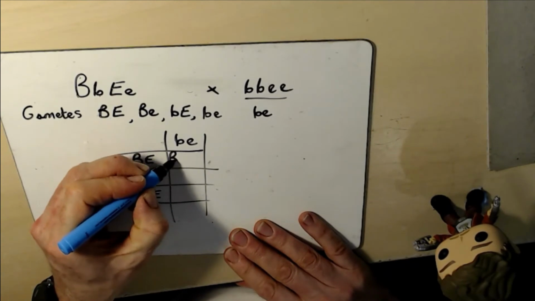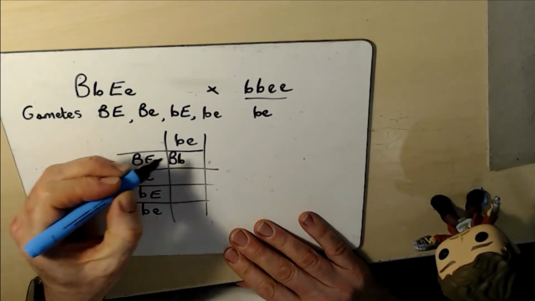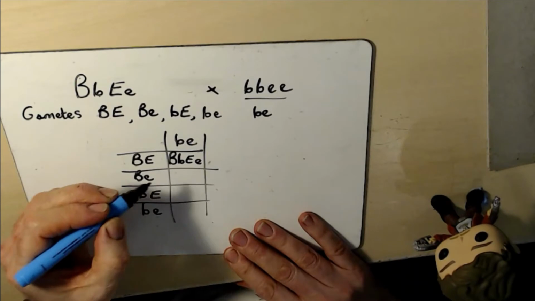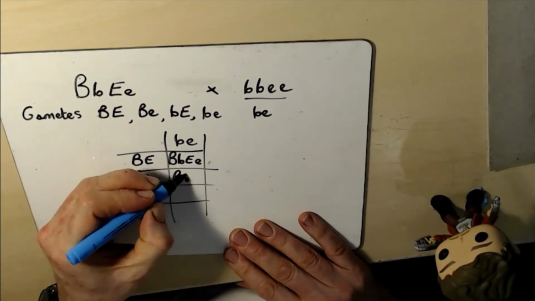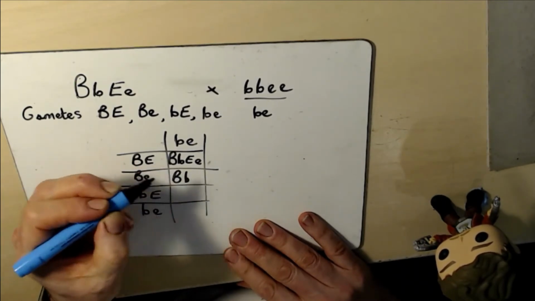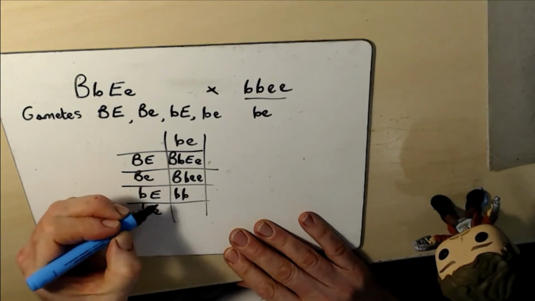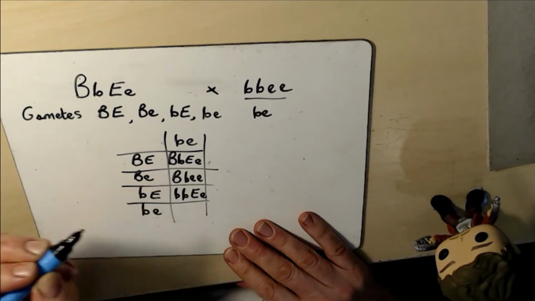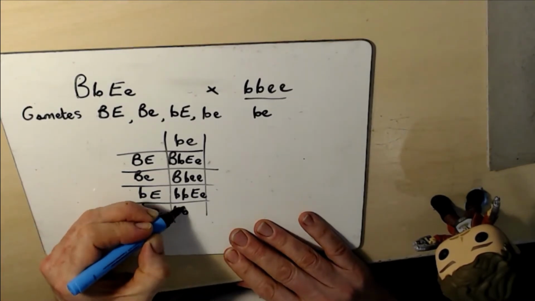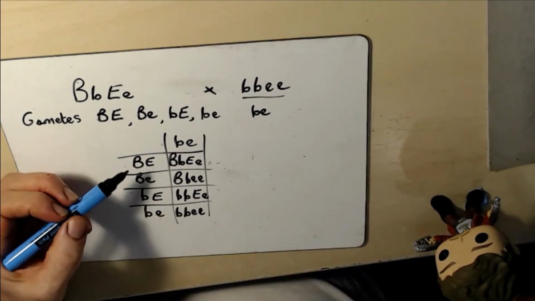And then just cross them: big B, little b, big E, little e, big B, little b, little e, little e, little b, big E, little e, little b, little b, little e, little e.